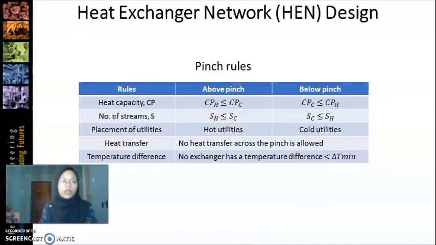Okay. Now moving on to the next slide. In designing a heat exchanger network, there are several pinch rules that must be obeyed, and those rules consist of heat capacity, number of streams, placement of utilities, heat transfer, and also temperature difference, as shown in this table.